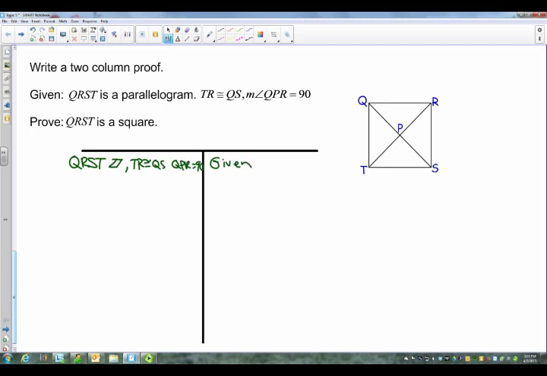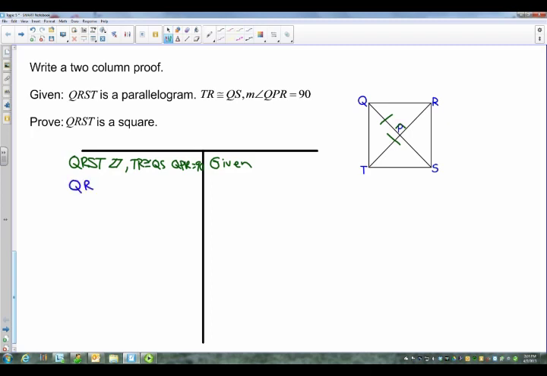Alright, so I want to look at this and I want to mark this up. So TR is my diagonal, it's congruent to QS, so basically this whole diagonal is congruent to that whole diagonal, and then QPR is 90 degrees. That angle right there is 90 degrees. That's what we know. Okay, let's see what we can do. Well, here's what we can think.